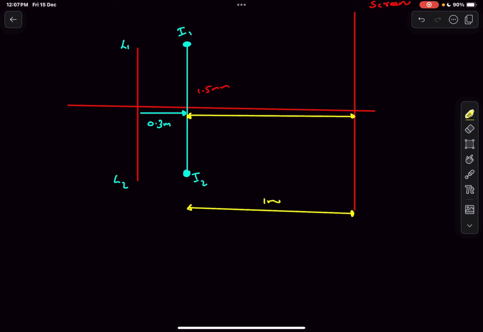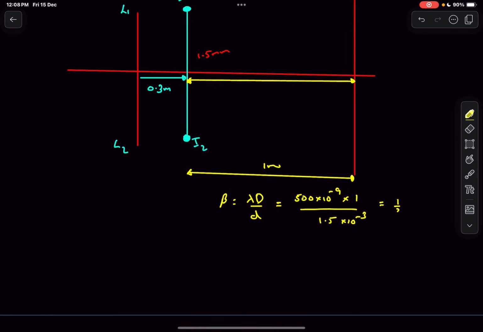Now using the common results from the YDSE experiment, the fringe width beta is lambda D by d, where capital D is the distance between the screen and the slit plane, and small d is the separation between the slits, or the sources in this case. After calculation this comes out to be 1/3 times 10 to the power minus 3 meters.